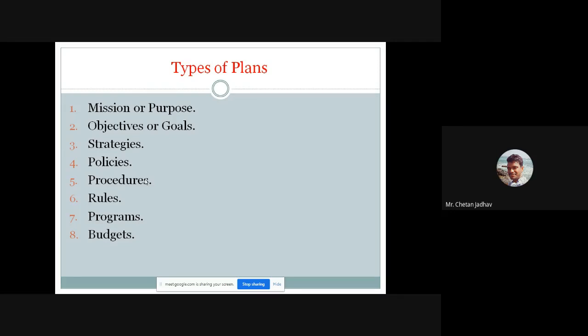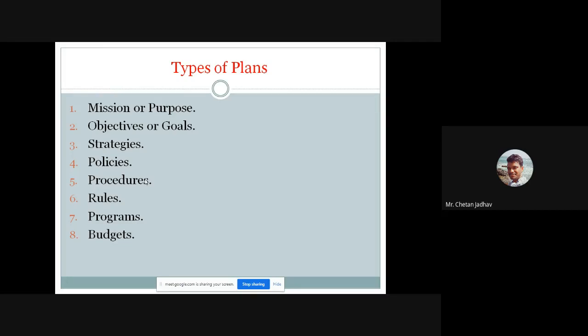We can take the example of any school also. Suppose we take a primary school as an example of doing this type of planning. That primary school has to define its mission and purpose. You can take a village area.